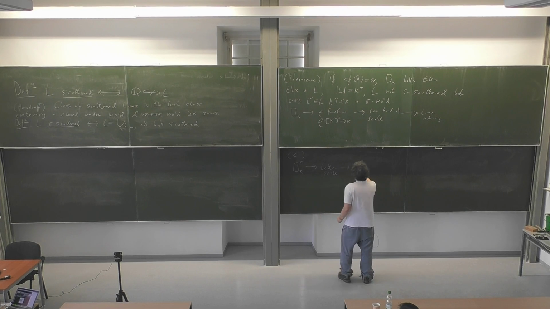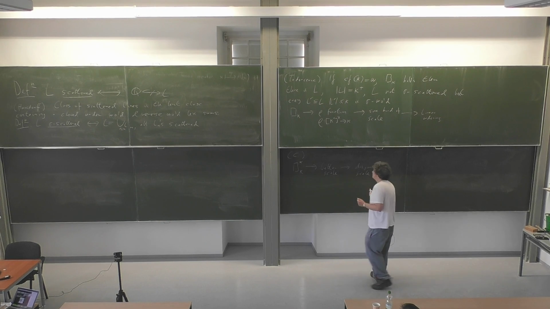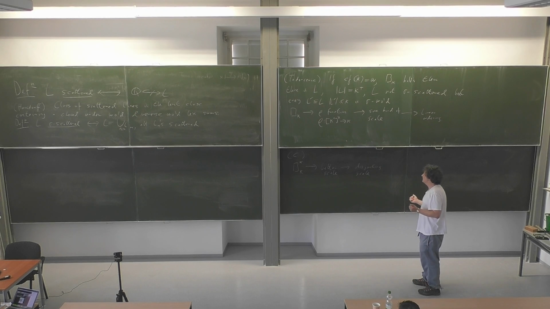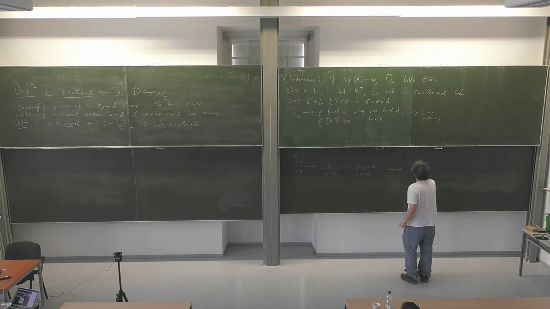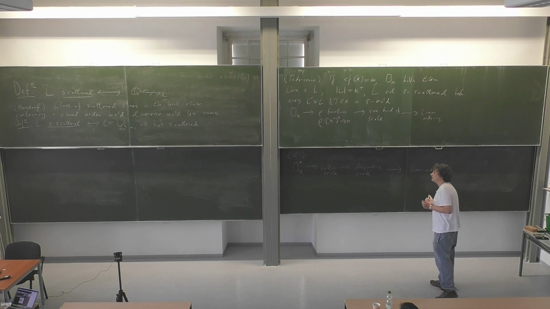Then we never gave this a name, but it's kind of a useful idea. From better scales you get what I'm calling today disjointing scales. And then you can just go straight from there to the kind of linear ordering.